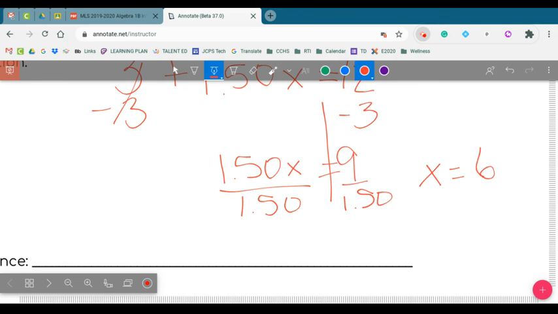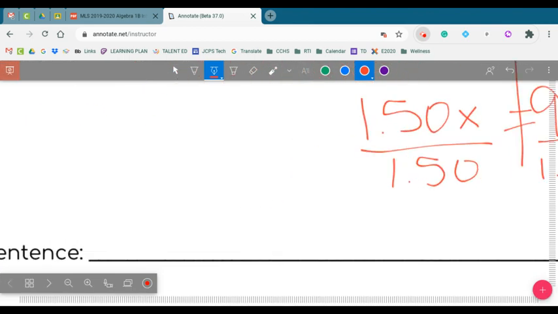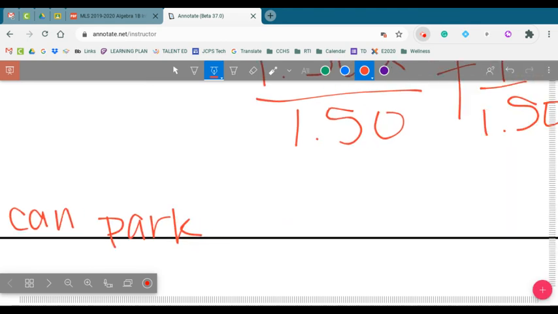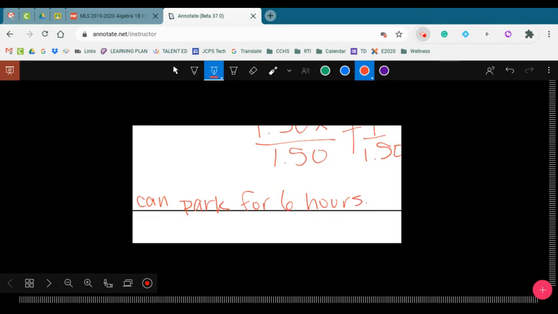So how many hours can she park? She can park for 6 hours. So that's how we write our sentence. She can park for 6 hours. So we're basically answering what they were asking us in the word problem.